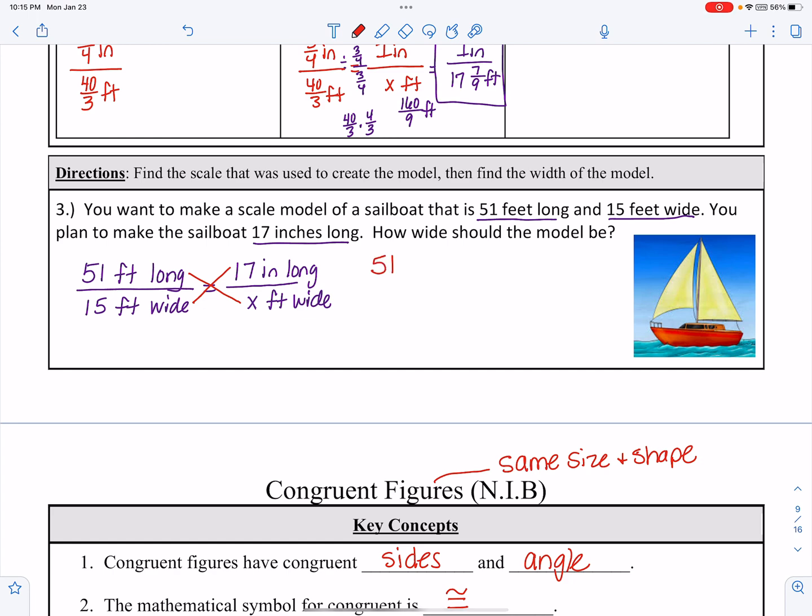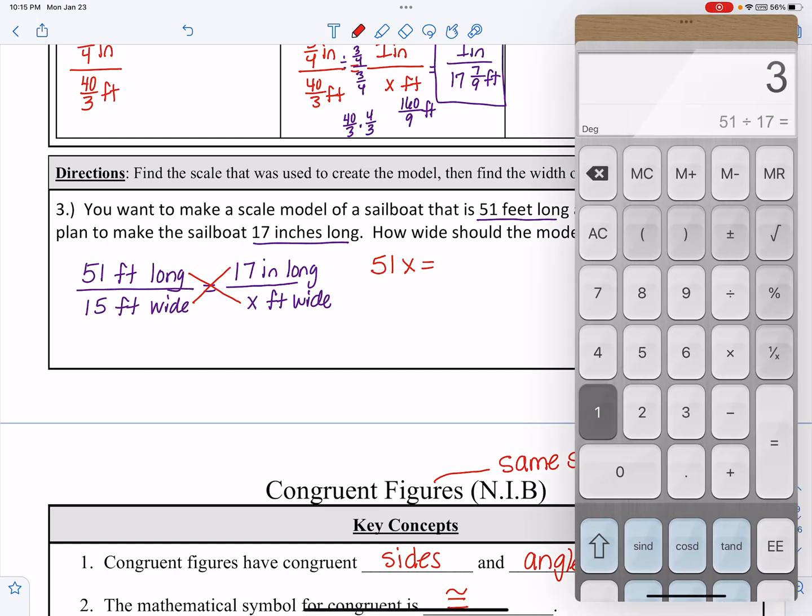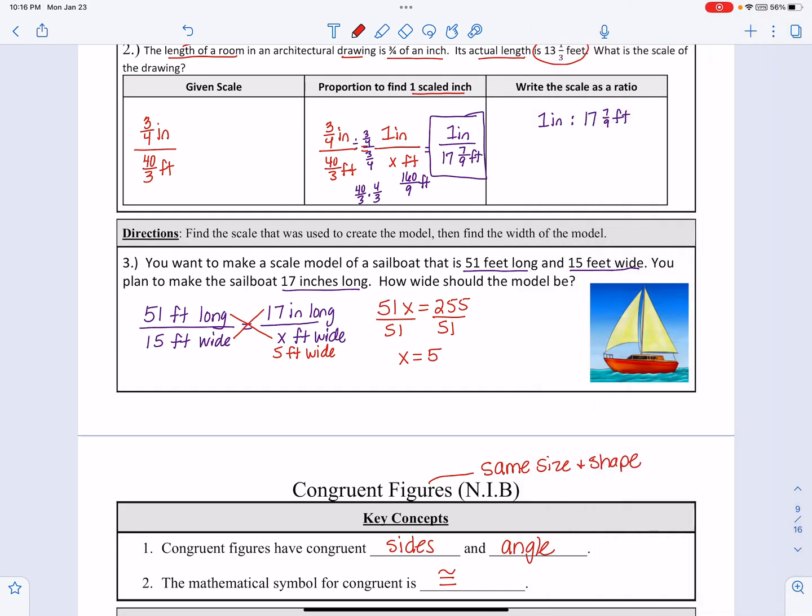I always do the x variable multiplication first. So we have 51x equals 17 times 15, which is 255. Then we divide both sides by 51 to get x isolated by itself. Divide by 51, and we get 5, which is what you would have gotten if you did 15 divided by 3 as well. So we have 5 feet wide is how wide the model should be.